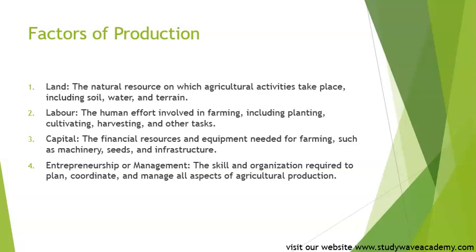Capital can be used to set up irrigation systems to bring water to the fields. It's used to maintain and fix farm equipment and buildings. So capital is vital in agriculture because it provides the resources and tools necessary to make farming efficient and productive.